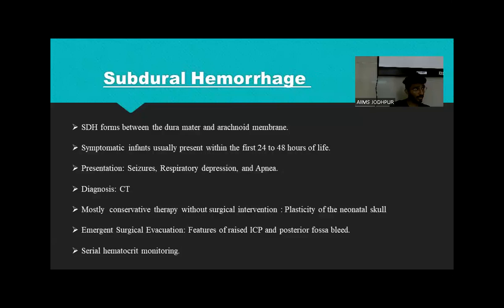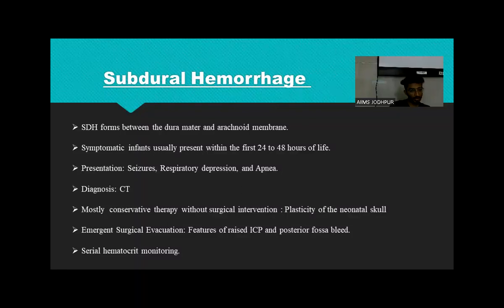Subdural hemorrhages form between the dura mater and the arachnoid mater, and symptomatic infants usually present within 24 to 48 hours of life. The main symptoms they present with may be seizures, respiratory distress, and apnea. In emergent situations, the diagnostic of choice would be a CT scan, and usually conservative management will do, because of the plasticity of the neonatal skull.